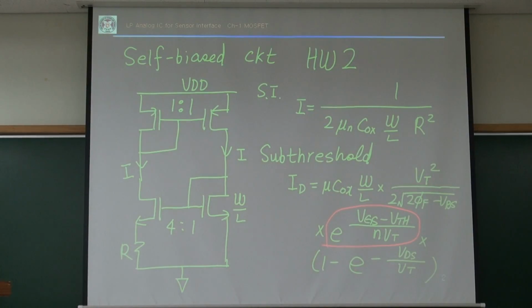Or say, for this loop, we have a different W over L, right? The other parameters are the same. So let's just see. I assume the same threshold voltage, okay? So this is M1, this is M2. Then KVL says VGS1 plus IR should be VGS2, okay? Then how can I calculate this voltage, this current I?